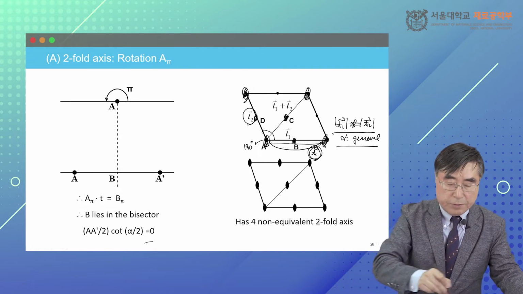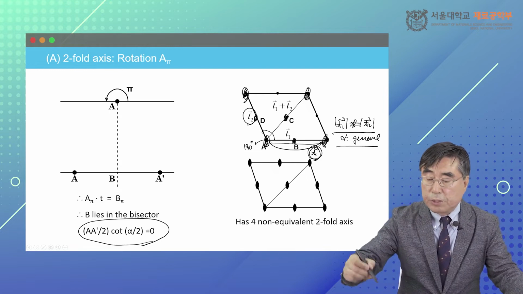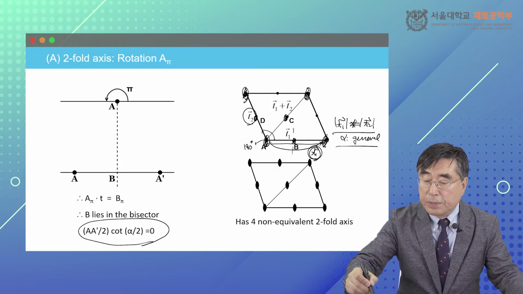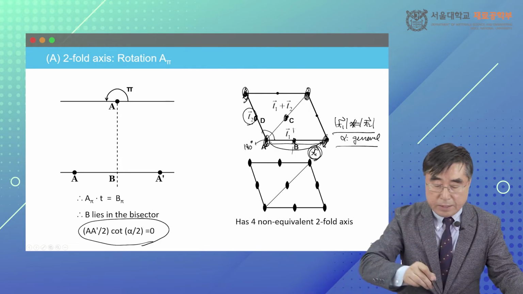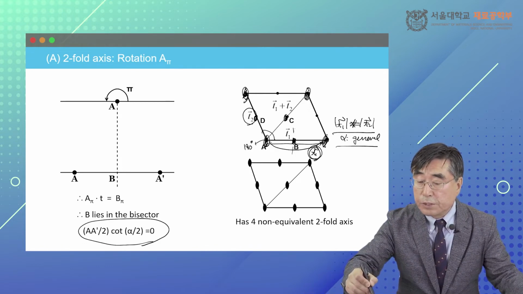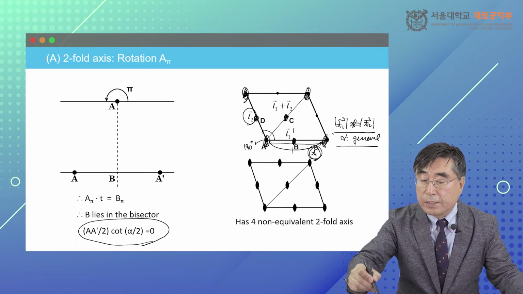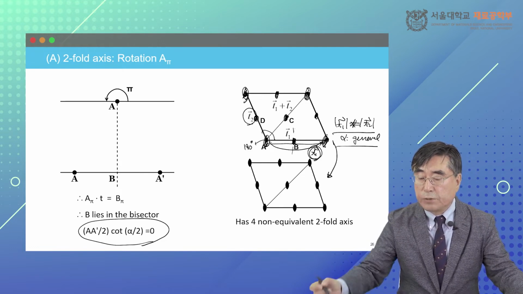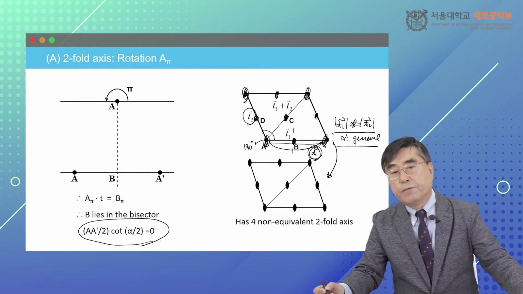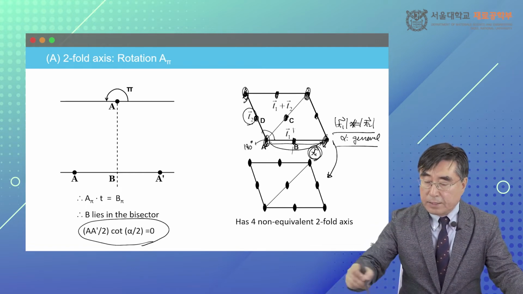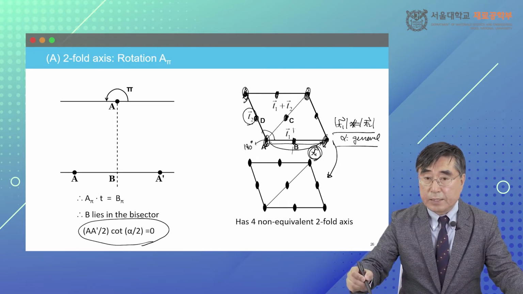Now, if we think about this position, how much the B point is separate from this bisector point, then this is 0. So 2-fold is designated here, here, here, and here. So finally, if I draw the symmetry elements based on the 2-fold plane net, then the symmetry elements are expressed like this.